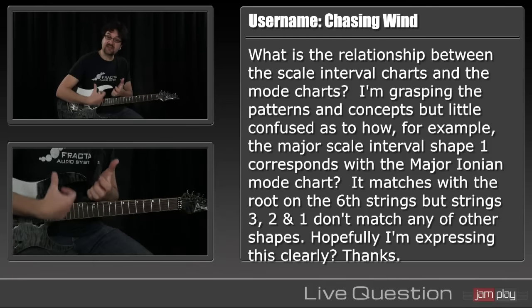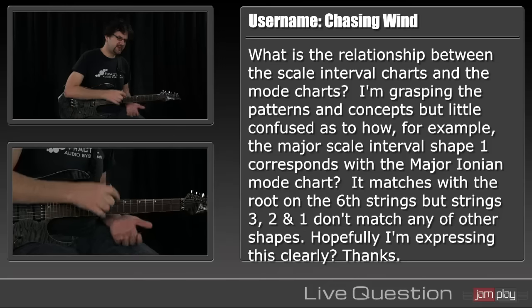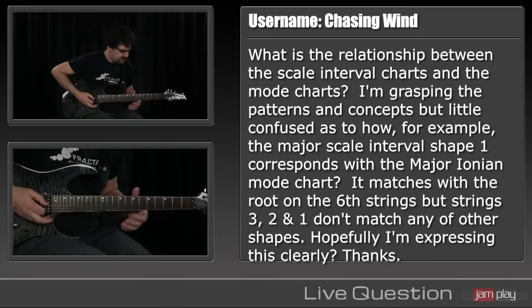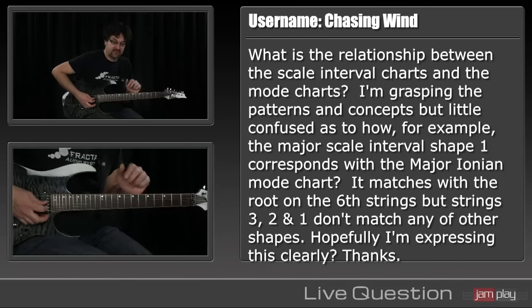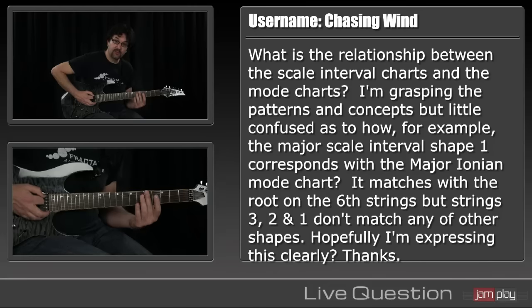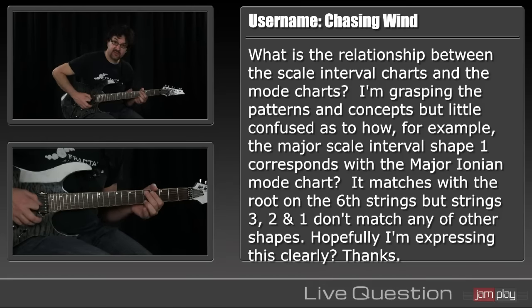It's the same exact thing. If we take the root on the 6th string and start playing that shape that lists all the major intervals and the perfect intervals, we have the root, the major 2nd, the major 3rd, perfect 4th, perfect 5th, major 6th, major 7th, and root.